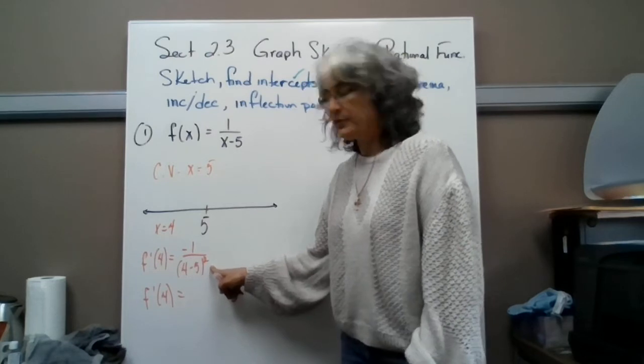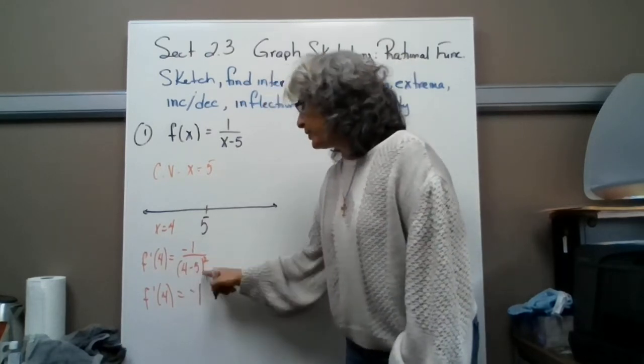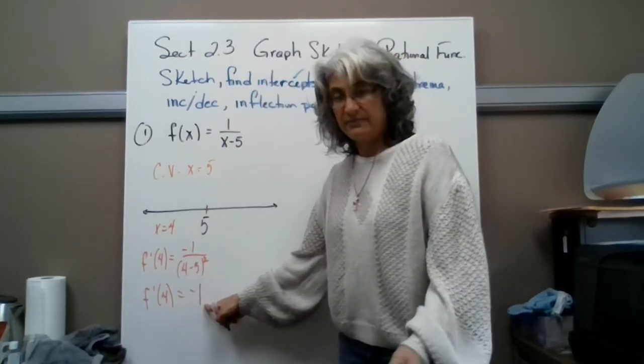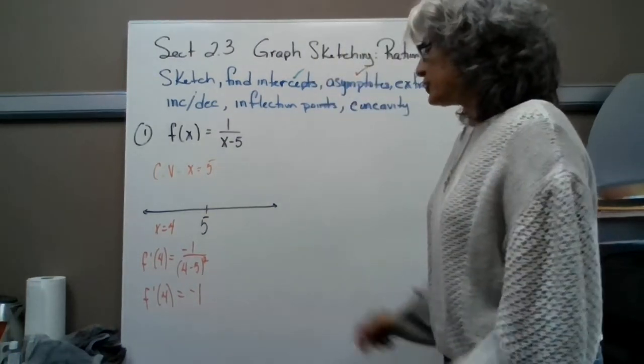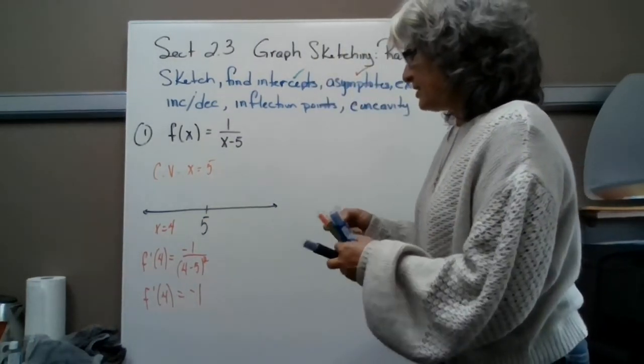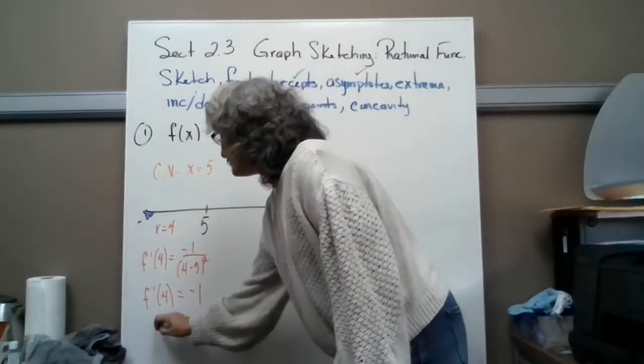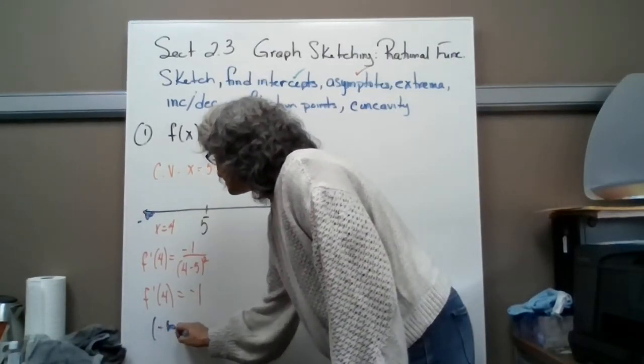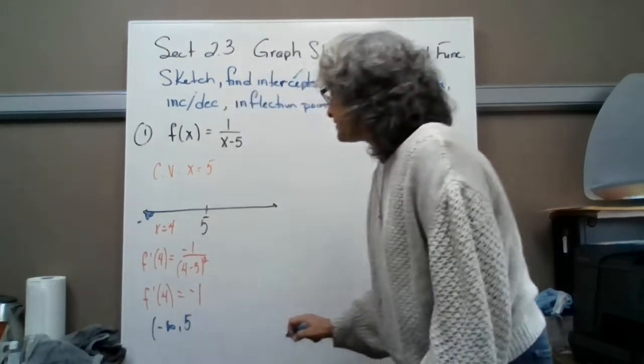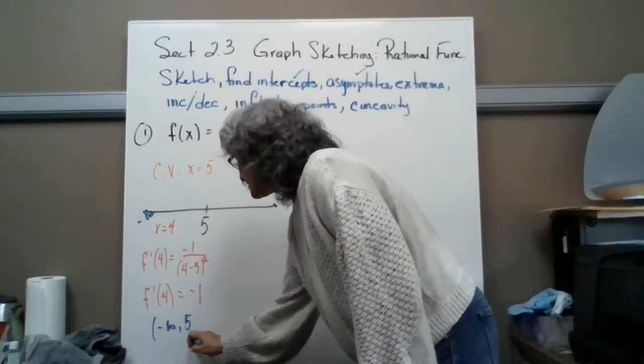Squared is a positive 1. So I end up with negative 1 over positive 1, which is negative 1. All right, so this tells me that from negative infinity to this 5, I have it decreasing.